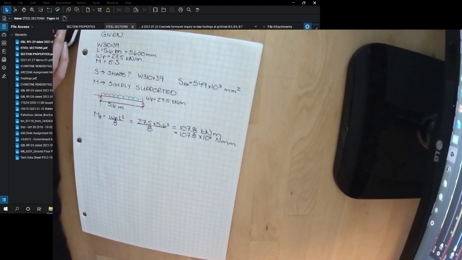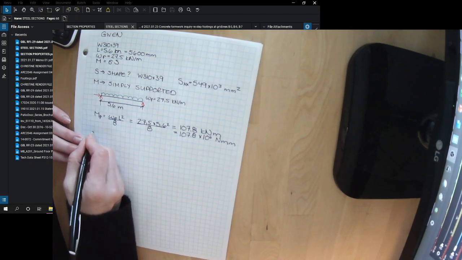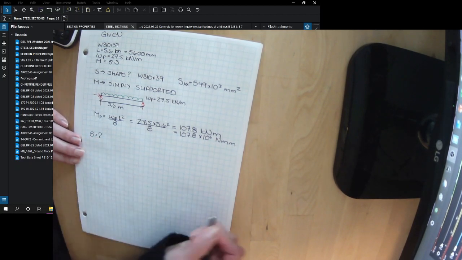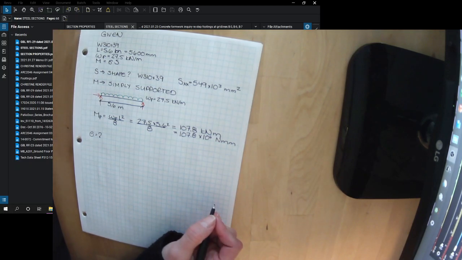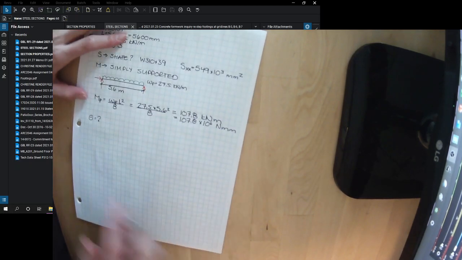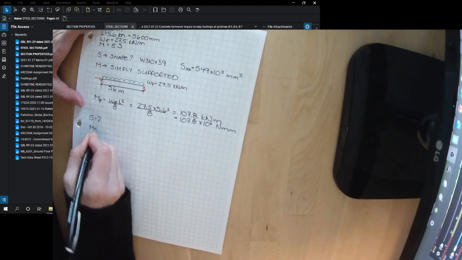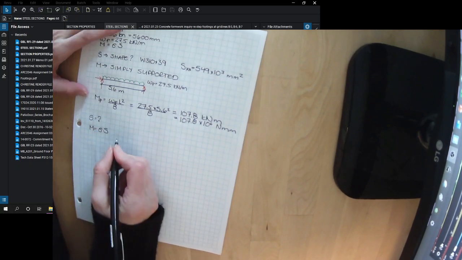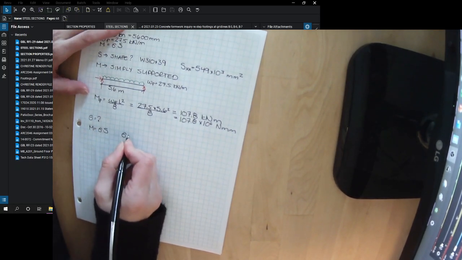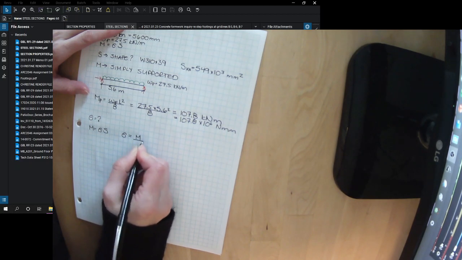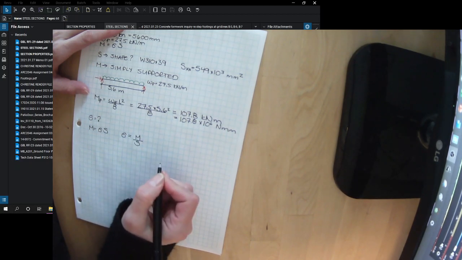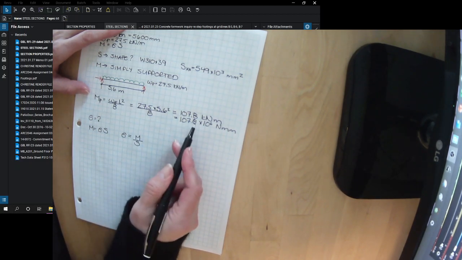The question asked for the stress. That's what they wanted, is what is this stress under elastic behavior? So we know that M equals stress times the section modulus, or stress equals M divided by S. We know what M is.